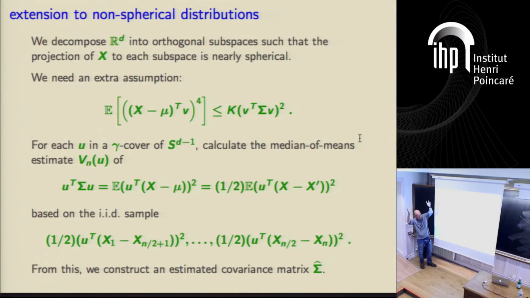So now we get the same kind of stripes as before, but now in the space of covariance matrices, which is non-empty with probability 1 minus delta, because the true covariance matrix is there. So we just pick one covariance matrix from there. That's going to be our empirical estimate. Okay.